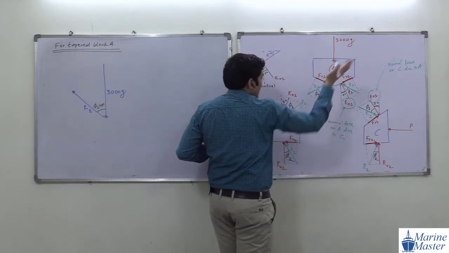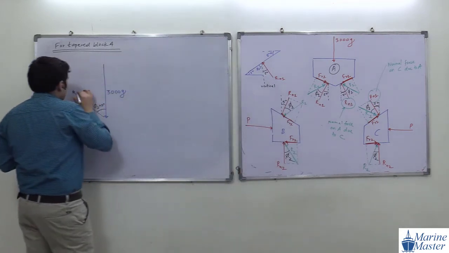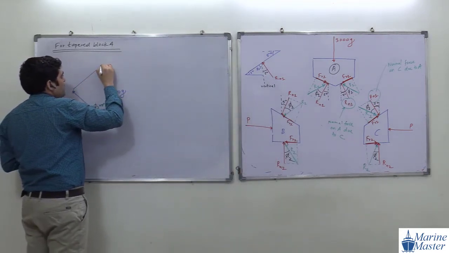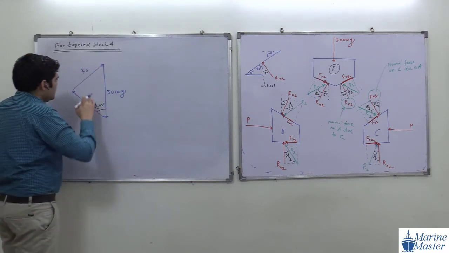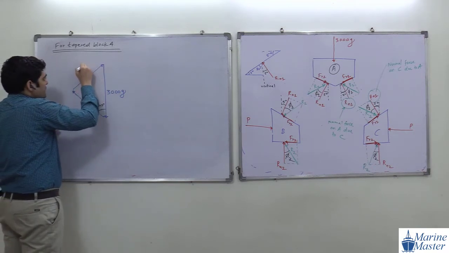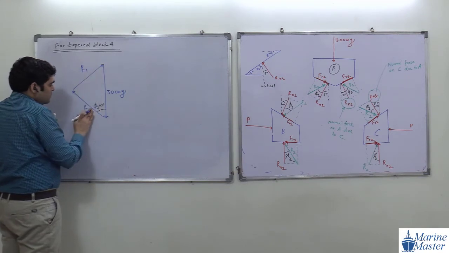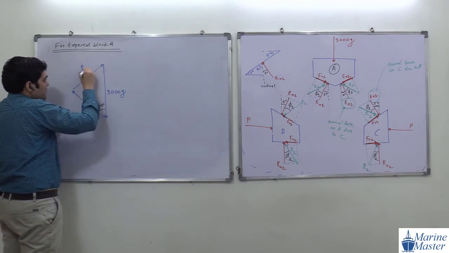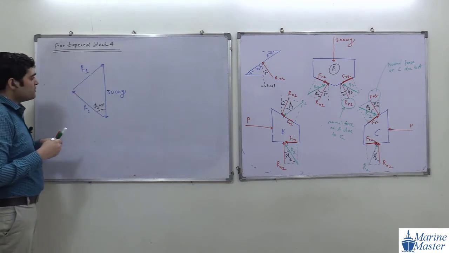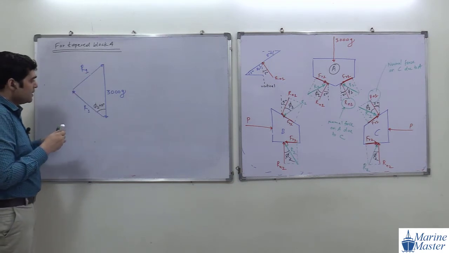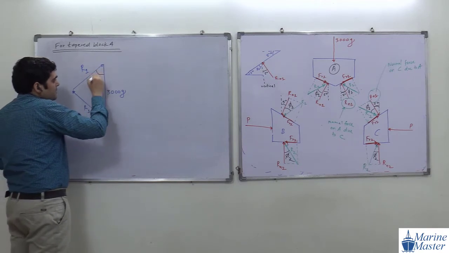So this R1 will be like this. This R1 is also making the same angle, phi 1 plus 5 degree.